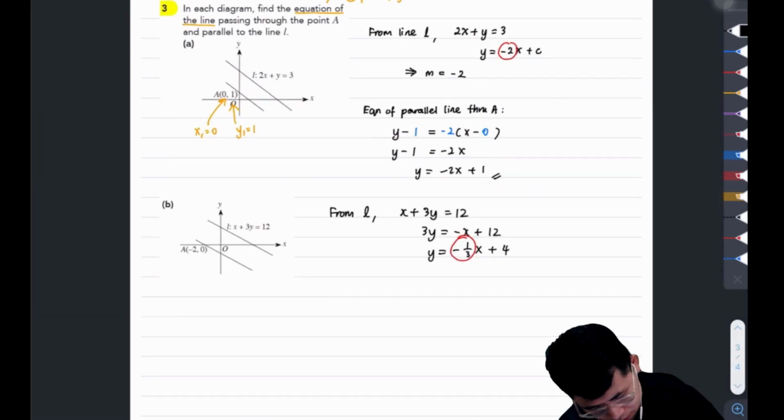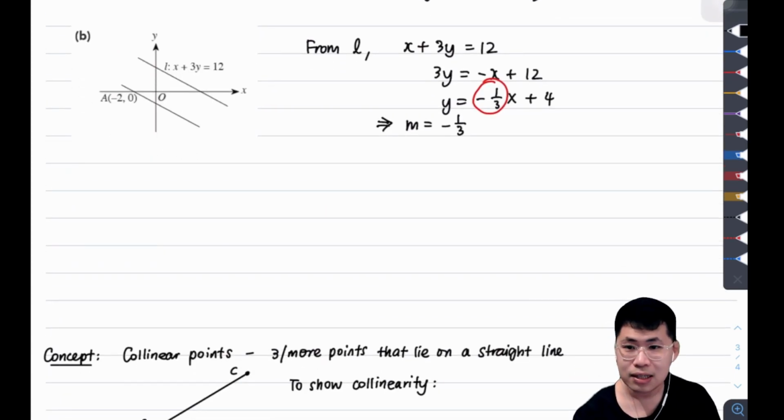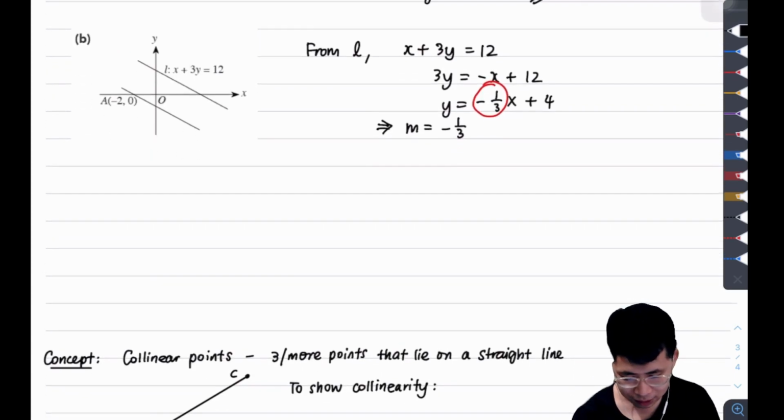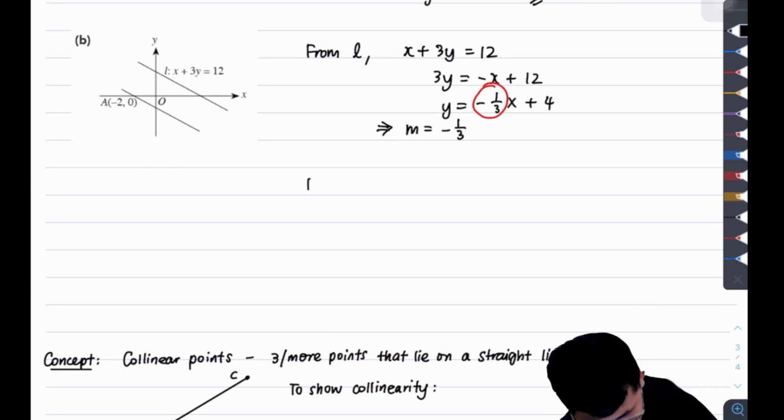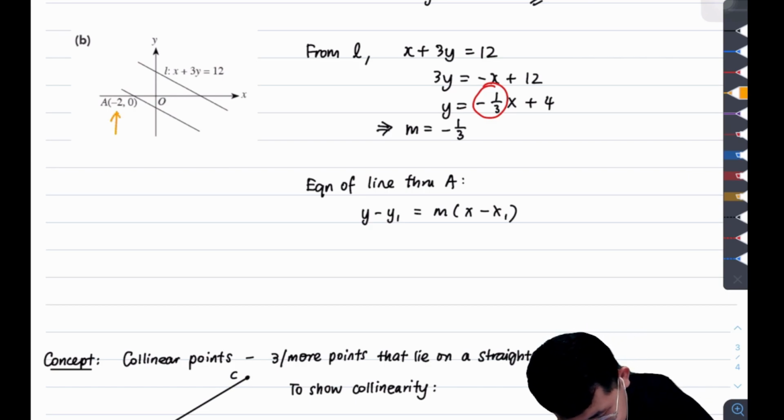So the gradient equals negative 1/3. With this, let's take a look at the equation of the line through point A. I'm going to make use of y minus y1 equals m times x minus x1. So here is my x1, this one is my y1.